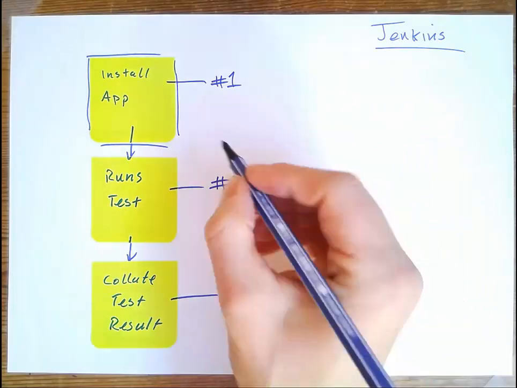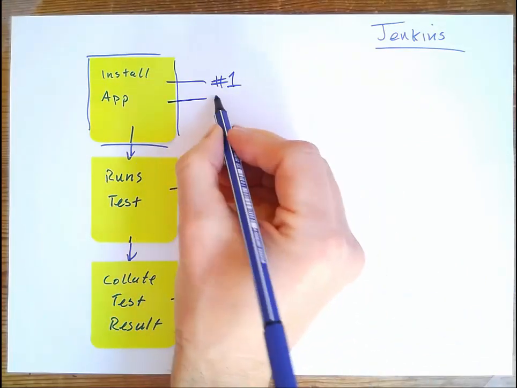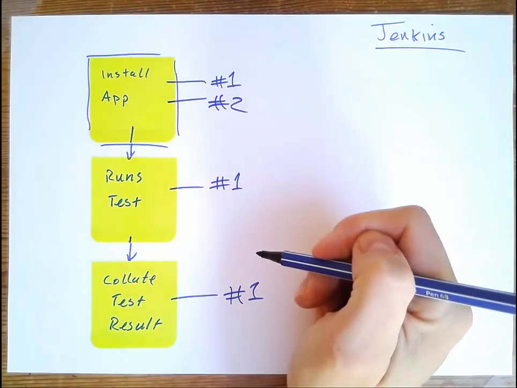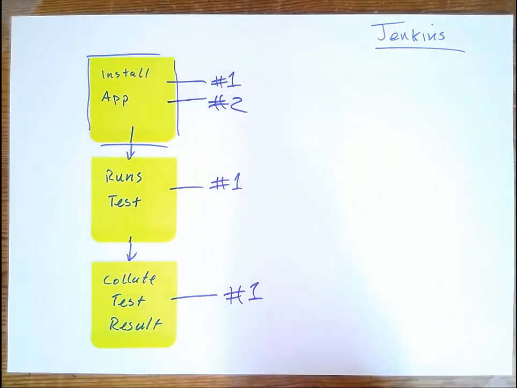And that goes on each time we do the install of the app. We get another build or run, and we repeat each of those jobs with runs or builds or executions as many times as we need them. So let's get Jenkins installed, and from there we can see this principle of jobs and builds in practice.